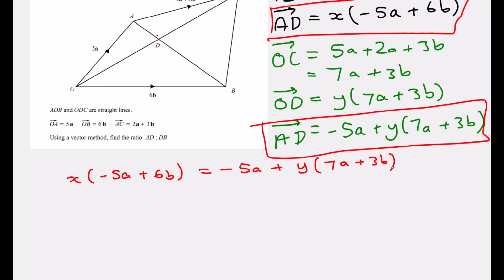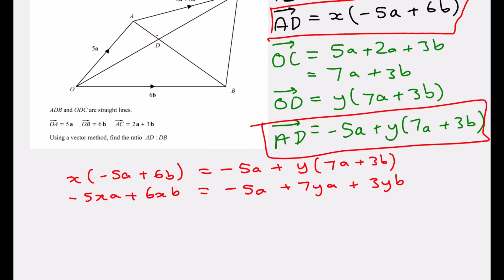And let's expand these brackets. So minus 5XA plus 6XB equals minus 5A plus 7YA plus 3YB. It looks complicated, but we've got these A's and B's in it. So for them to be equal, the A's must equal the A's and the B's must equal the B's.